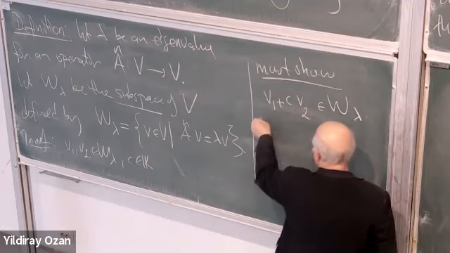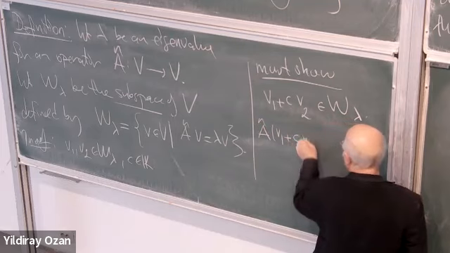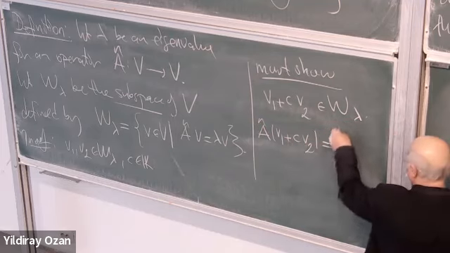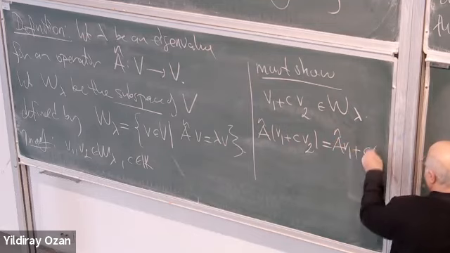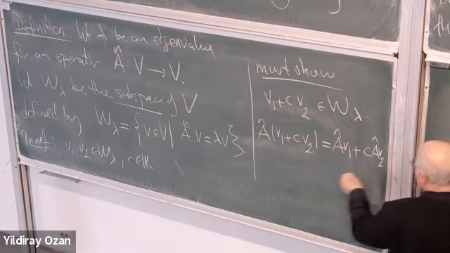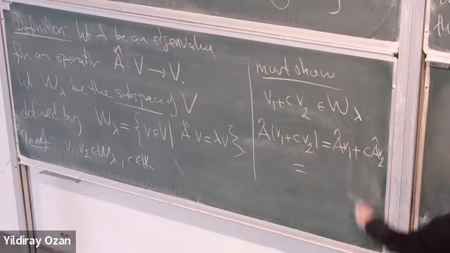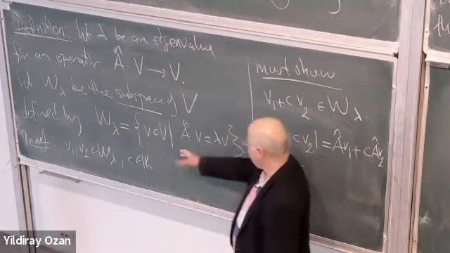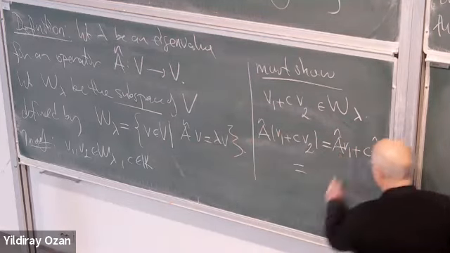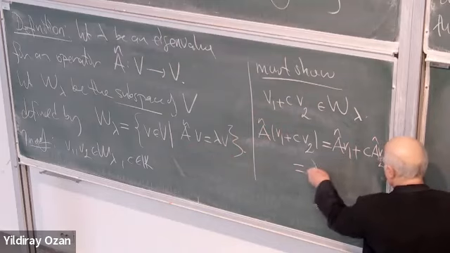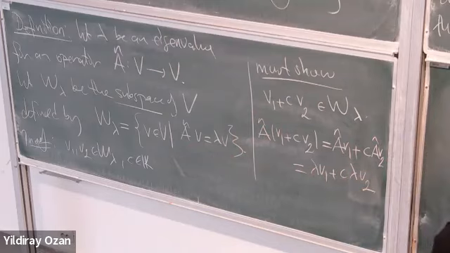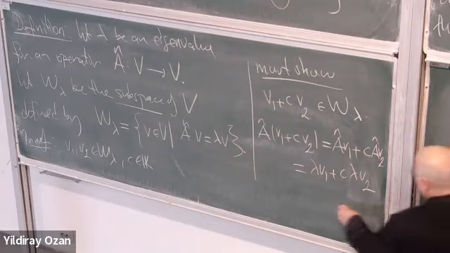Let's check. A hat of V1 plus C V2. Well, since A hat is linear, this is just A hat V1 plus C times A hat V2. But V1 and V2 are vectors in this set, therefore they obey this rule. So this is just lambda times V1 plus C times lambda times V2.